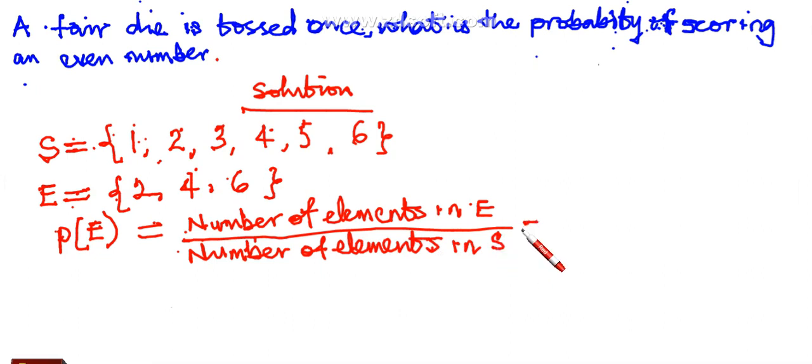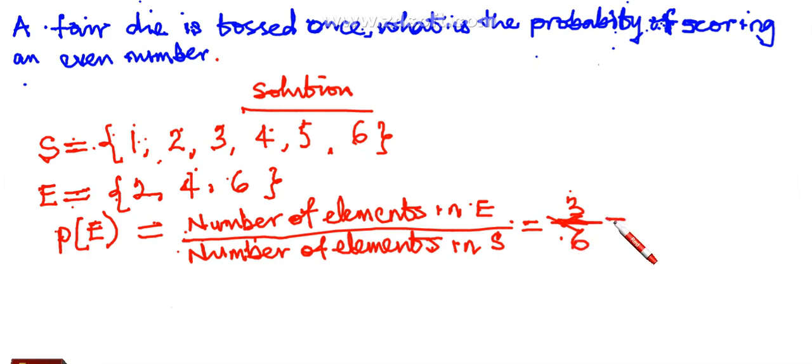So what do we have? The number of elements in E are how many? If you check, there are 3. Let's go back and see. We got 1, 2, and 3. So they are just 3. And the total number of elements in S is going to give me 6.